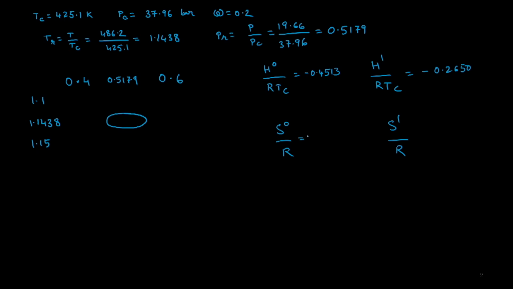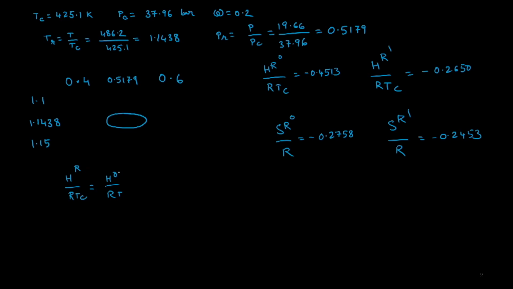And for S, this is negative 0.2758, and this is negative 0.2453. Using these, I can calculate HR. I'm sorry, these need to be HR naught, right? Not H naught. I should have written it as HR naught and HR1, SR naught and SR1.